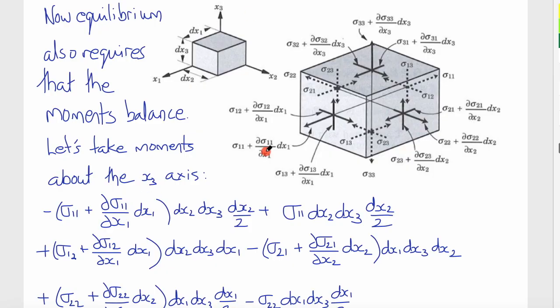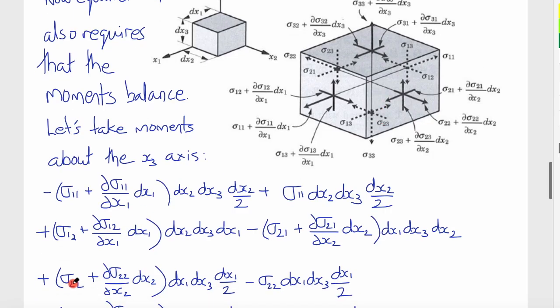Next, we'll get contributions from the shear stresses acting on this face, which will be sigma 1,2 plus del sigma 1,2 dx1 times dx1 times the area of the face, dx2, dx3, times this moment arm, which is dx1, minus sigma 2,1 plus del sigma 2,1 del x2, dx2, this traction here, times this surface area, dx1, dx3, times the moment arm, dx2, plus sigma 2,2, contribution of this and this.